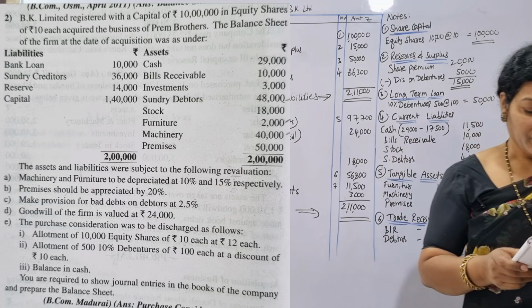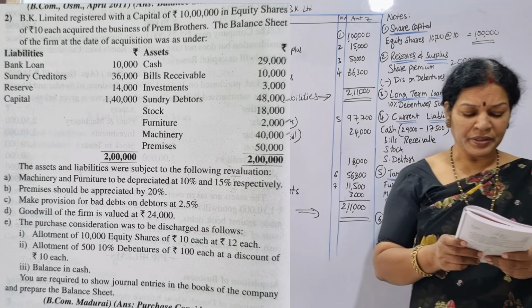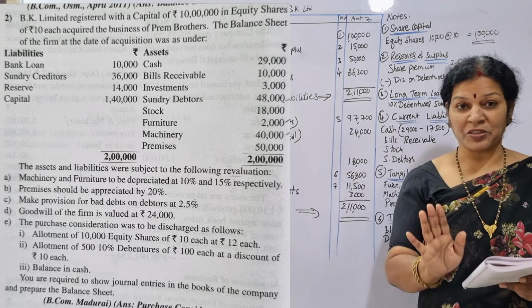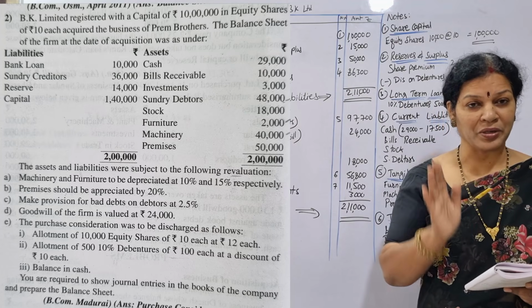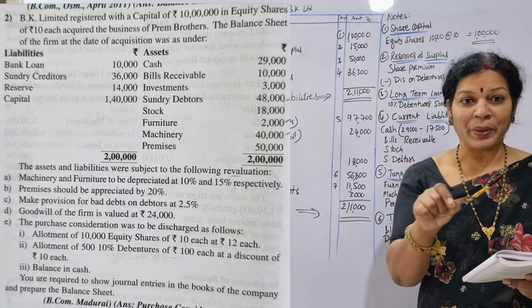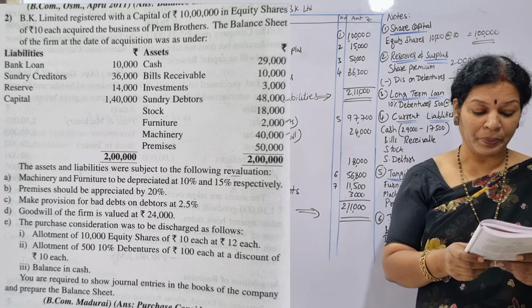Next, the purchase consideration was to be discharged as follows. Purchase consideration, first of all, we are going to calculate, and whatever amount you get is to be paid as follows. How are we going to pay?